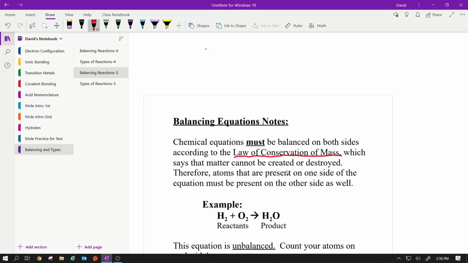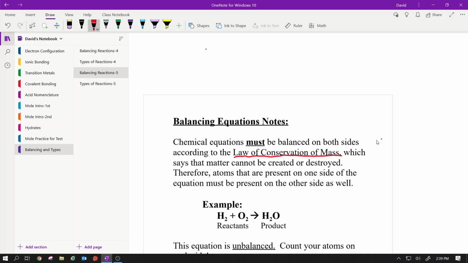The law of conservation of mass, which you guys have heard of before, says that matter cannot be created or destroyed. In other words, new stuff does not just show up out of nowhere. And stuff that you already have doesn't just disappear. All right? And you don't get more and you don't have less. In other words, you have to start and finish with the same stuff.